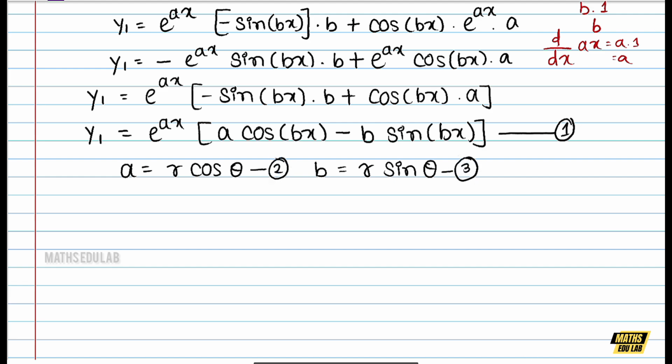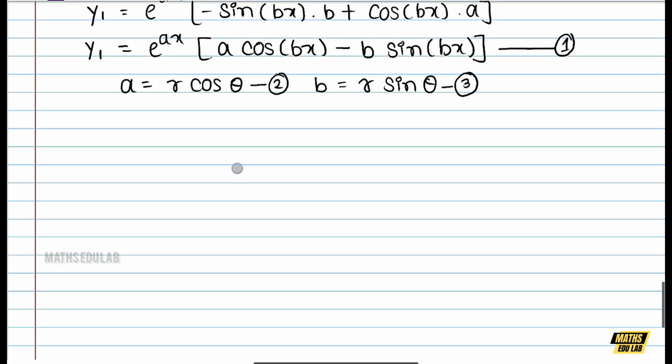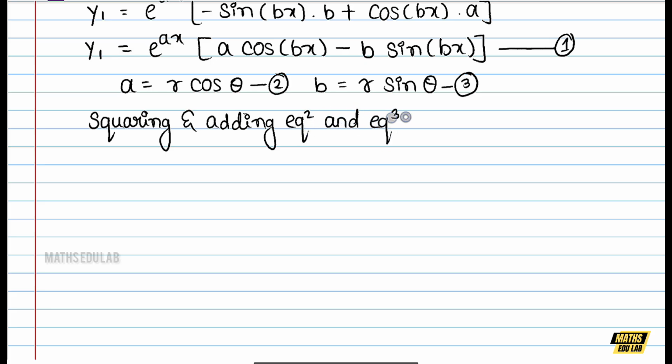Now what we have to do is square these two, that means equations 2 and 3, and then add those values. So I can write it here as squaring and adding equation 2 and equation 3.